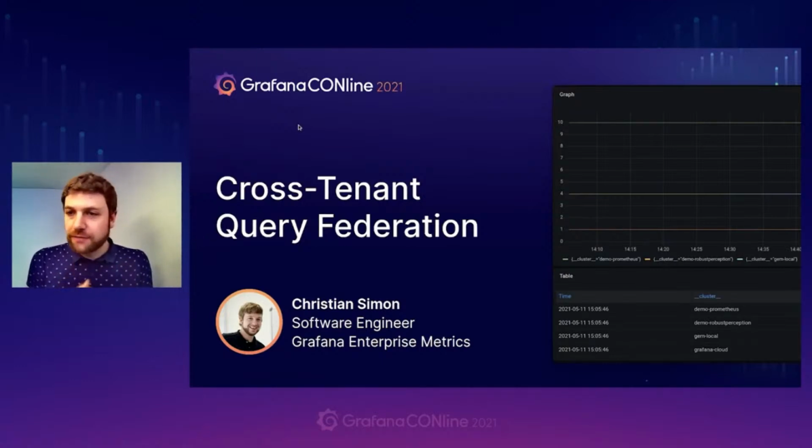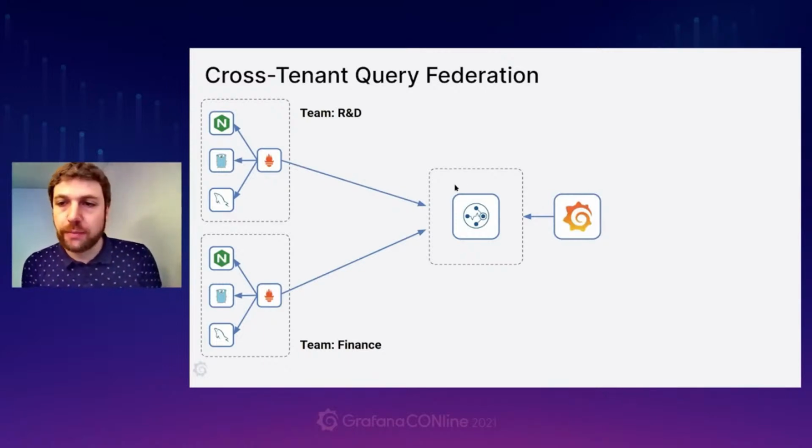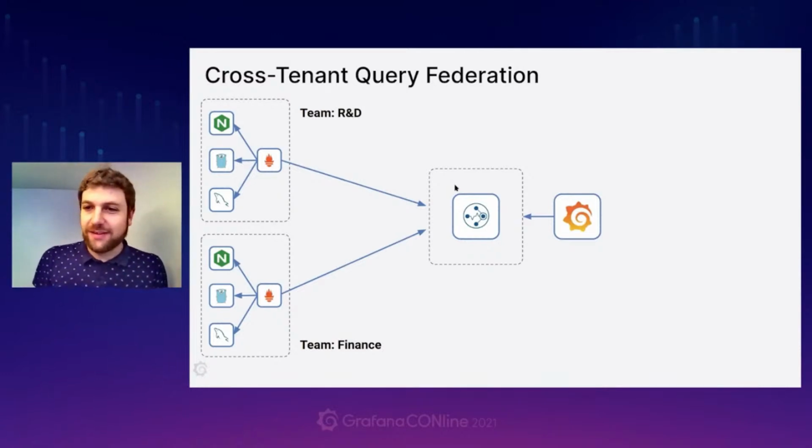I'm going to focus on the feature of cross-tenant query federation today, and I want to head straight into the details. In this case, there are two teams that want to store metrics in Cortex, the R&D and the finance team, and there is a central Cortex cluster.